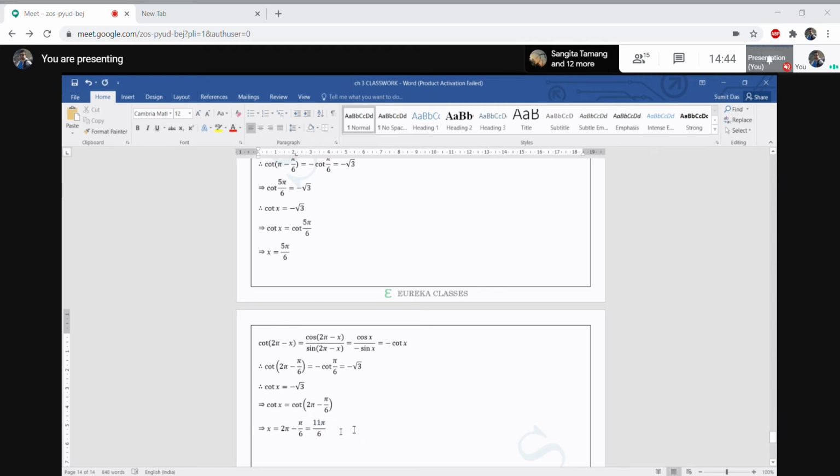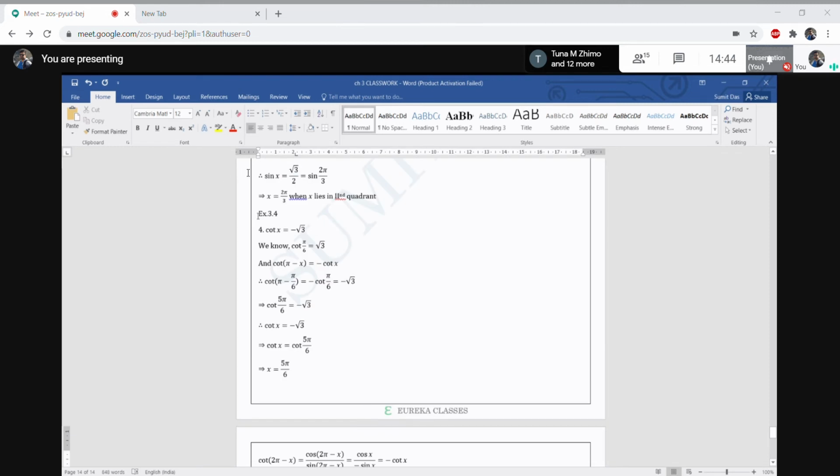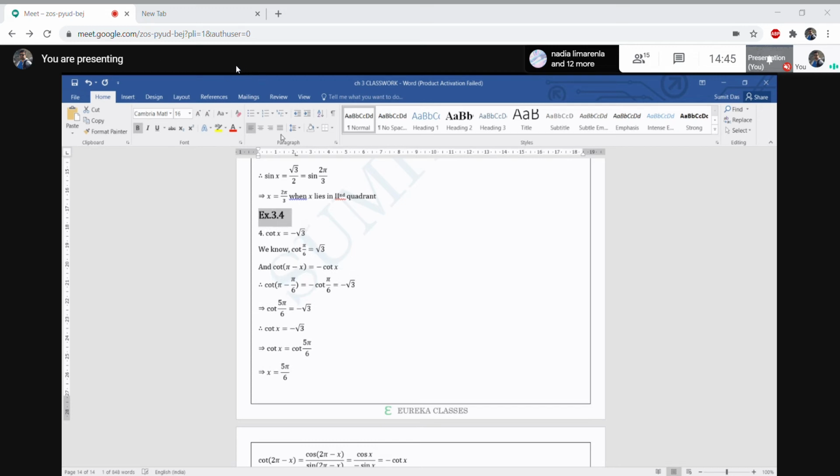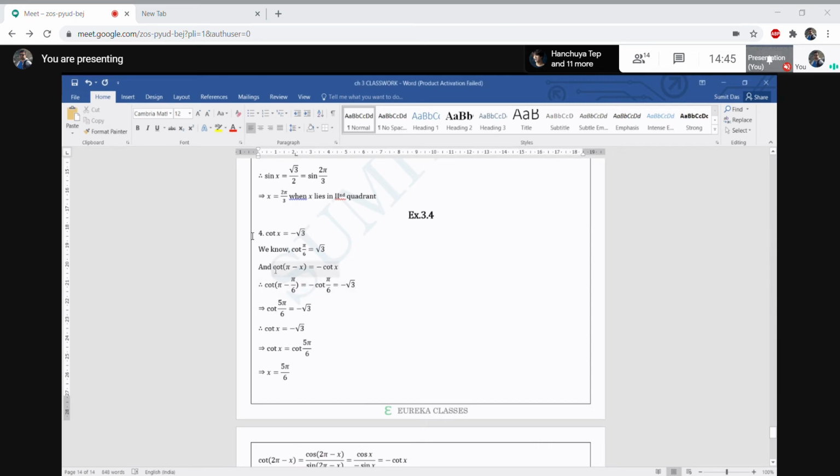Am I clear now? What are the steps? Let me show you again. The first step: whenever you are getting the value, first check which quadrant it is in. Okay, understood. After that, you have to use this kind of value, like cot(pi minus x) or cot(2 pi minus x). These two you have to check.